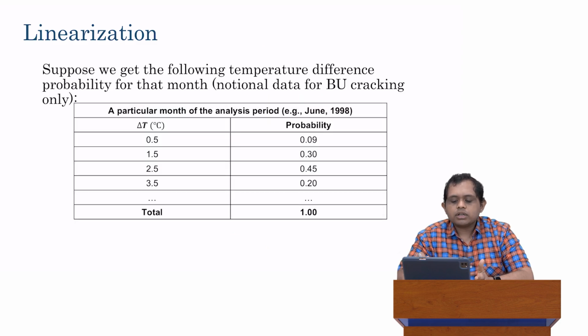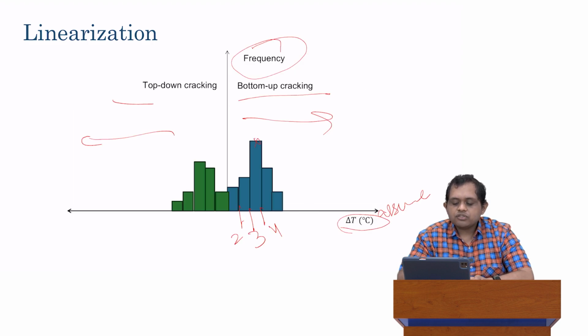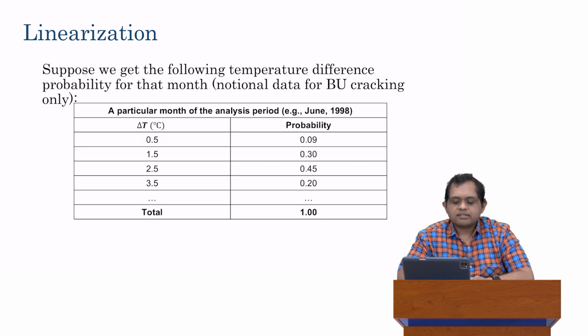And then from the histogram, suppose we get the following temperature distribution probability for that month. Now what I do is, for this histogram, I convert it into a probability distribution function, and I get it, suppose, at every half degree Celsius. So for example, I get delta T. What is the probability of having delta T of 0.5 degrees Celsius in that table C?